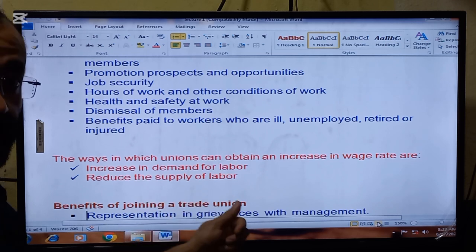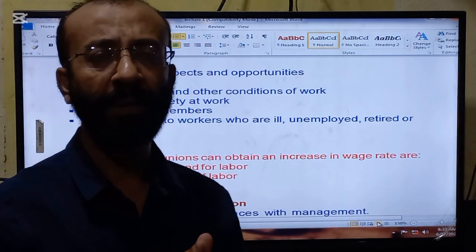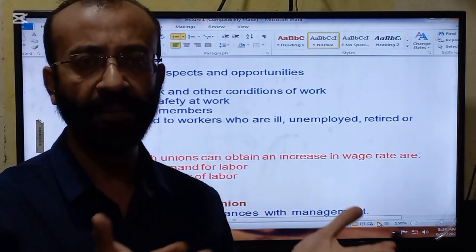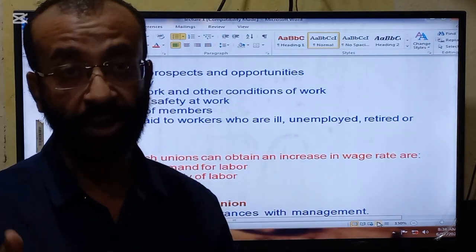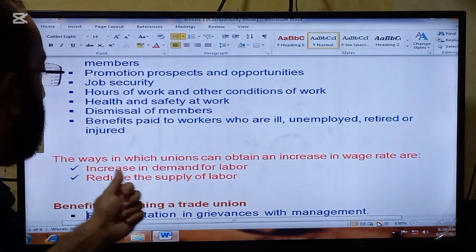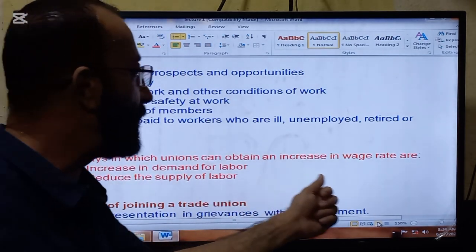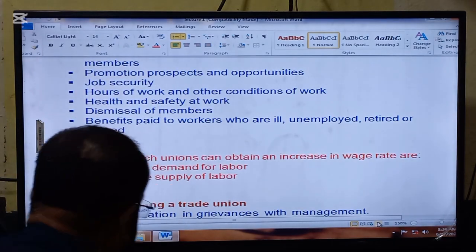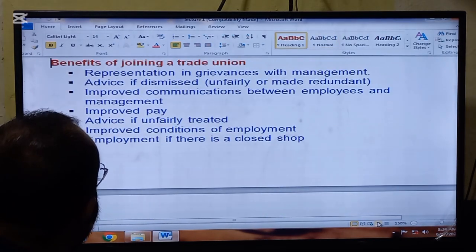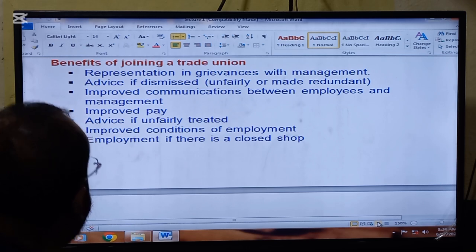So when there is a reduction of the labor in the market, definitely the remaining workers will charge more. So these are the two ways through which the trade unions can obtain an increase in the wage rate.